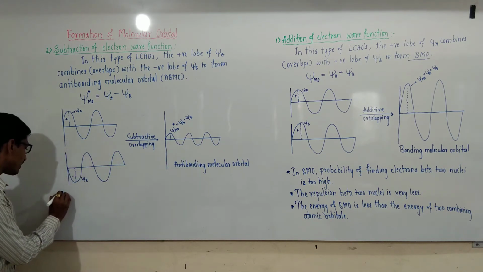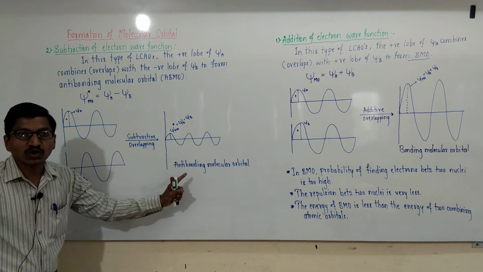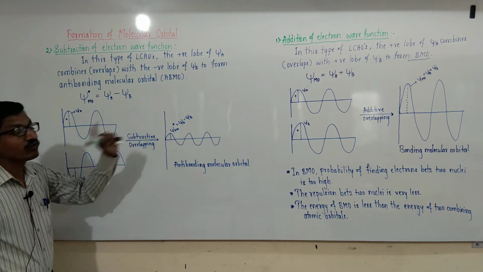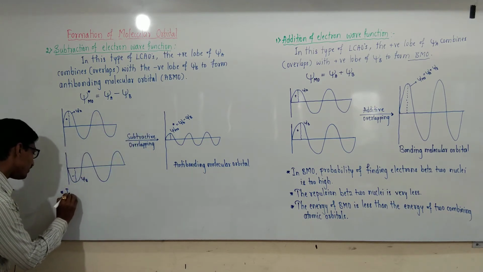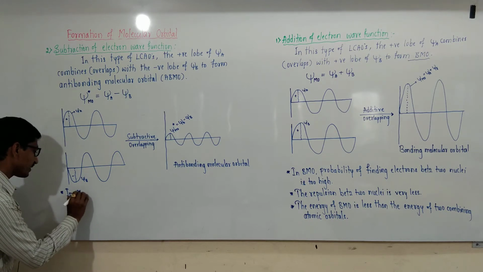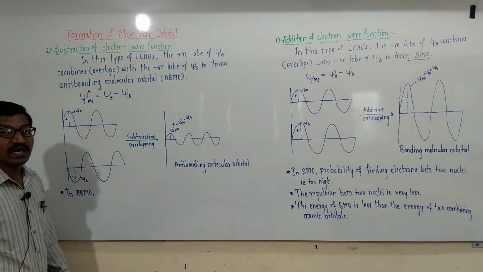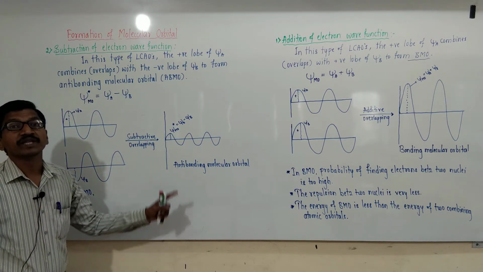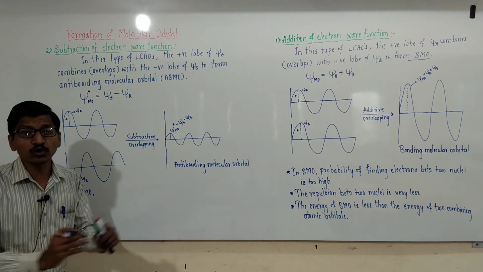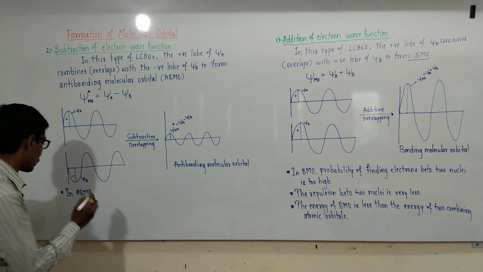Some important points in the subtraction of electron wave function or destructive interference: in anti-bonding molecular orbital, electron density or probability of finding an electron is less. Between two nuclei, electron density is less and repulsion is more.